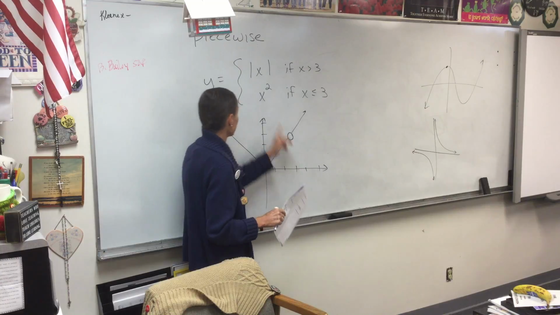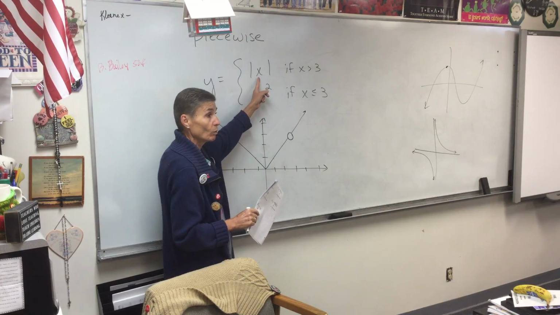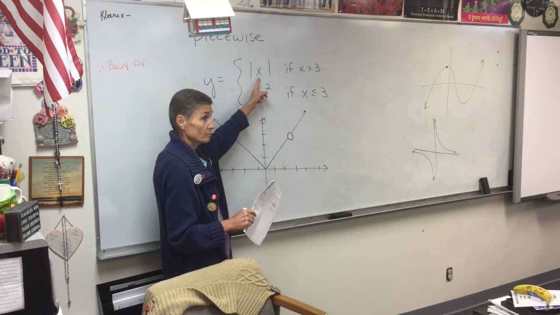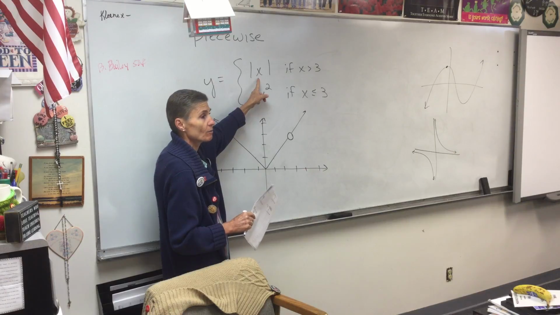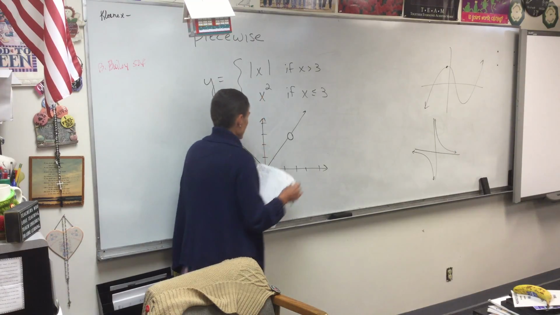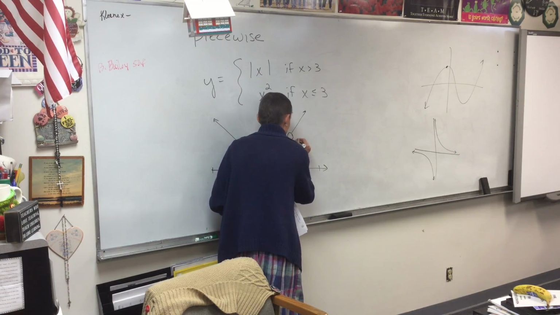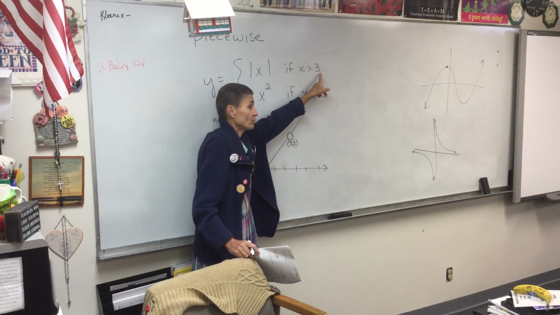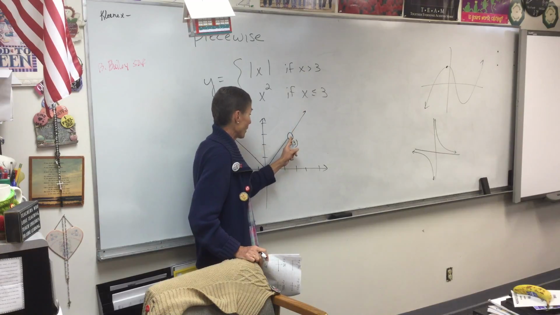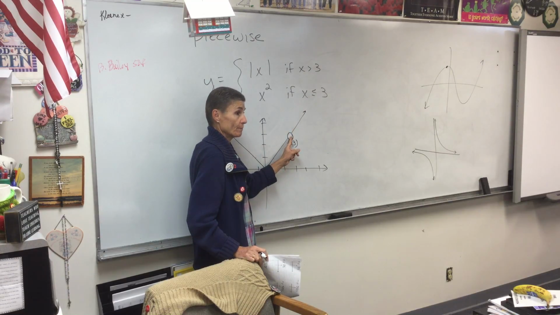If I'm letting x be 3, what will y be? I put 3 in for x. What would y be? What's the absolute value of 3? 3. So this is the point 3, 3. It says, let x be 3. Actually, it says greater than 3, so I put an open circle there.